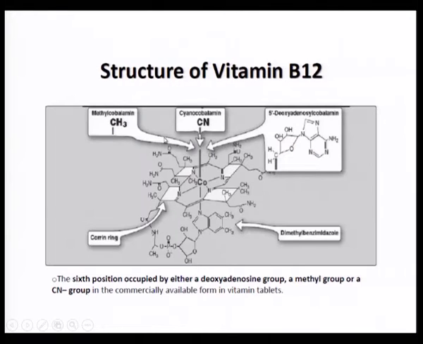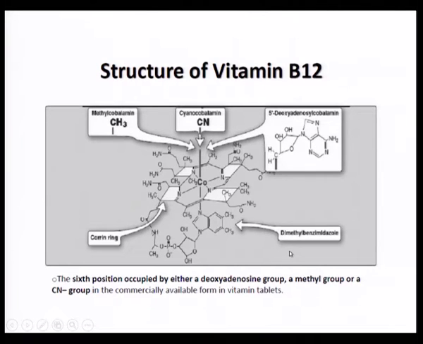If you look at the structure of vitamin B12, let's discuss the structure. Over there, you have a methyl group in this place for methylcobalamin, a cyano group for cyanocobalamin, and you also have 5-deoxyadenosylcobalamin.